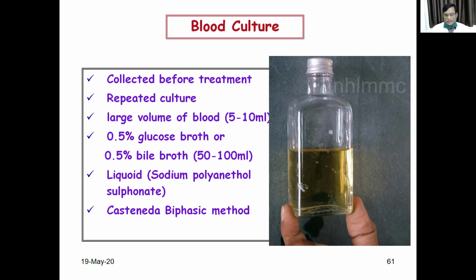And again, these blood culture bottles are different for enteric fever and for pyogenic organisms. For enteric fever, you will request a bile broth. For pyogenic organisms, you will request a glucose broth or Fortis broth.